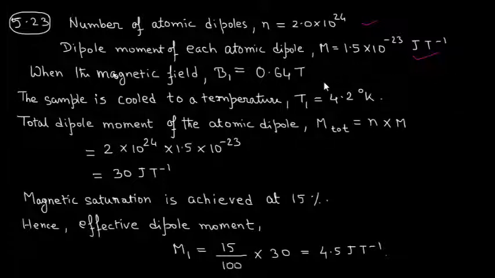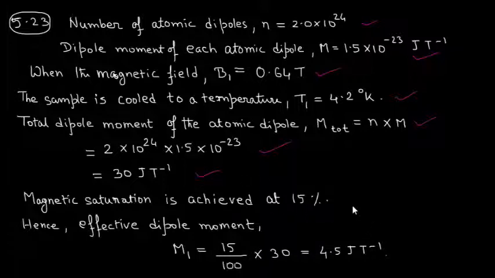When the magnetic field B1 is equal to 0.64 Tesla, the sample is cooled to a temperature T1 equal to 4.2 degree Kelvin. The total dipole moment M total is equal to N into M. Putting the values of N and M, we get 2 into 10 to the power 24 multiplied by 1.5 multiplied by 10 to the power minus 23. Upon solving, we get 30 joule per Tesla.